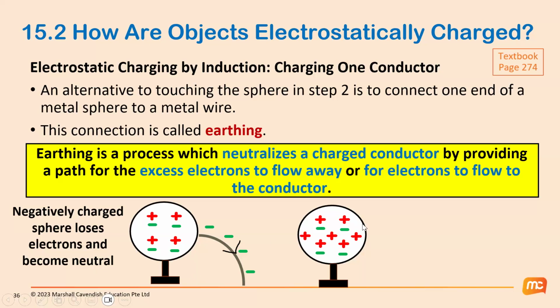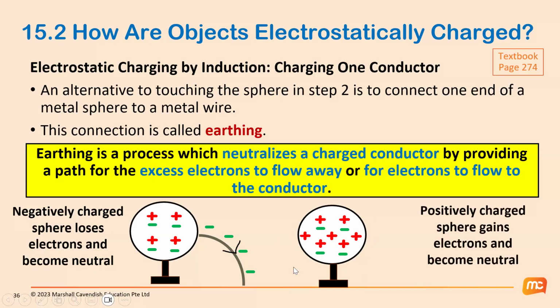On the other hand, look at the right-hand side white sphere. There is more positive than negative, so this is actually a positively charged sphere. What happens when I do earthing? I'm going to neutralize it. How do I neutralize it? Remember, the positive charge cannot move, so I cannot have positive charge moving down to the ground.